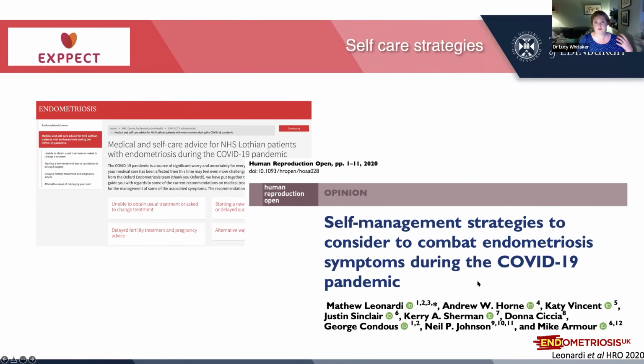I think it is really important to have a multidisciplinary approach, particularly in these more complicated cases. And actually, in an ideal world, everyone with endometriosis associated pain, I would hope, is going to have more access in the future to factors such as physiotherapy, psychology support, and formal pain management.